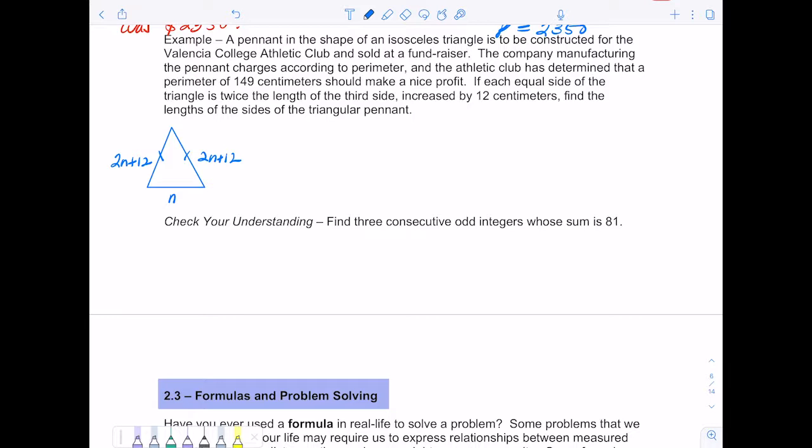Remember, perimeter is the distance around a figure, so we're going to add up the length of each side. So I'm going to have 2n plus 12 plus another 2n plus 12 plus n equals 149.